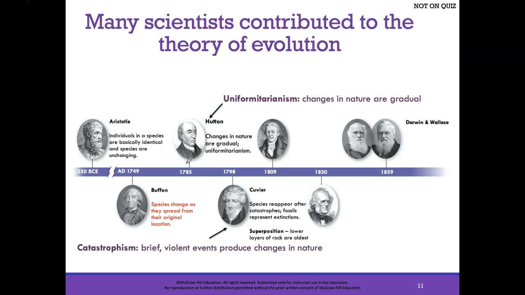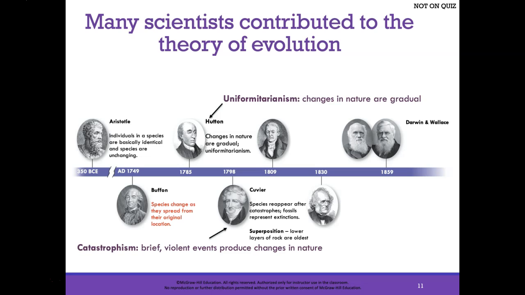Somebody by the name of Cuvier contradicted this. Cuvier believed in catastrophism, and he said that it's actually not gradual changes, they're brief, violent events that produce changes in nature. A huge flood or a volcanic eruption or an earthquake were responsible for most geological formations.